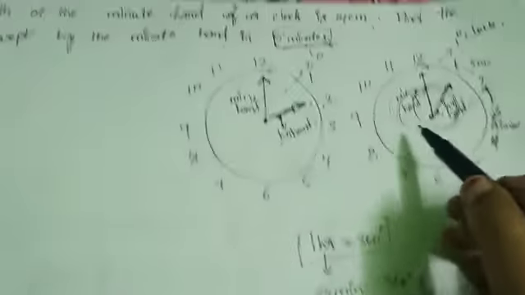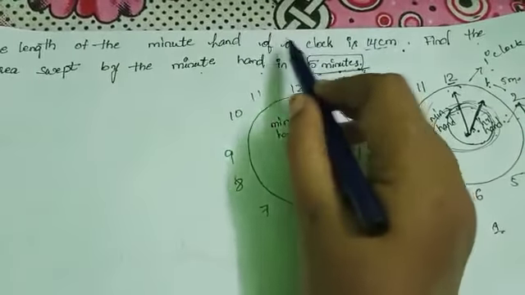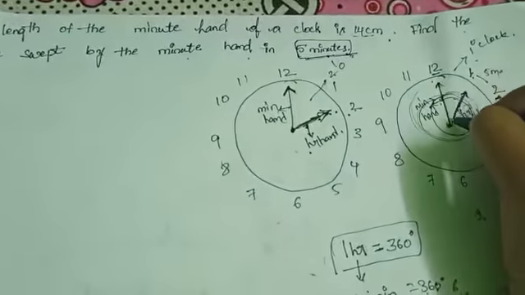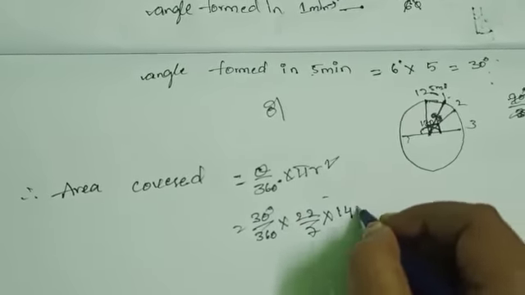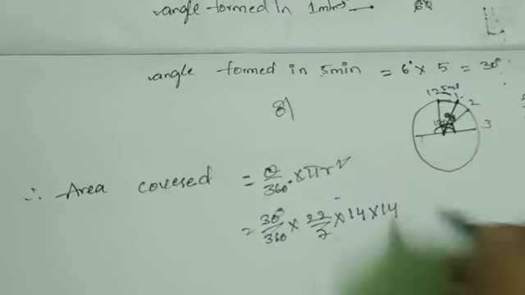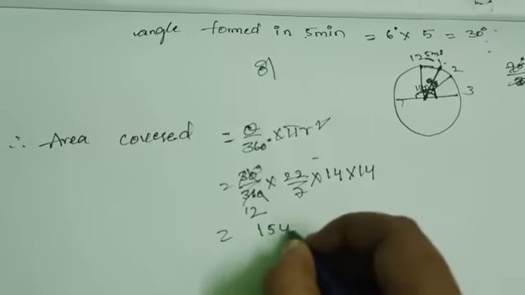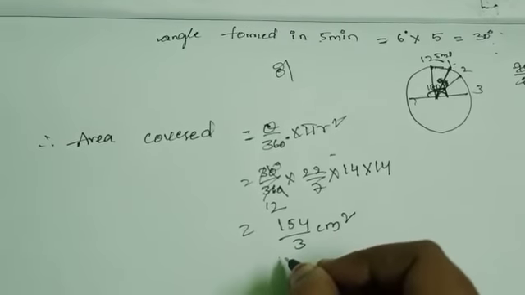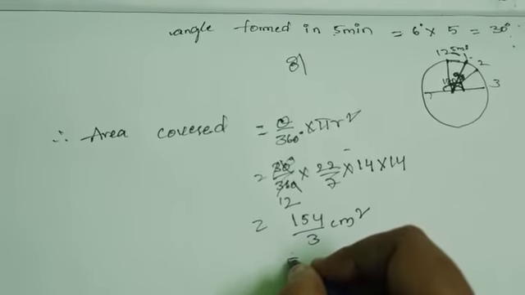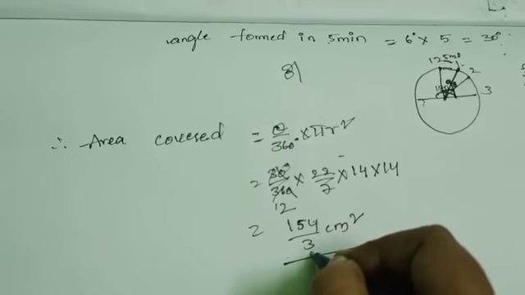R is nothing but the radius of the circle, which is the length of the minute hand, 14 centimeters. 14 into 14 gives 154 by 3 centimeters square. Therefore the area covered by the minute hand in 5 minutes equals 154 by 3 centimeters square.